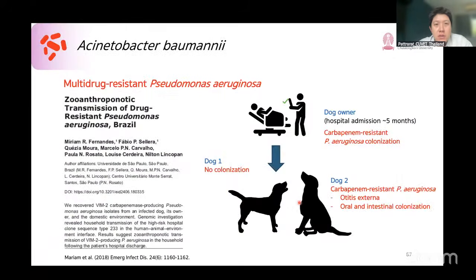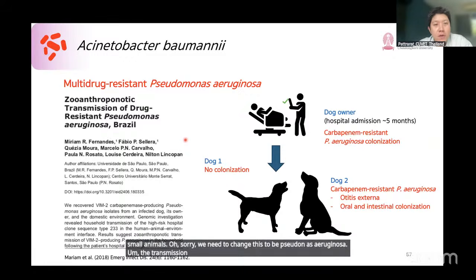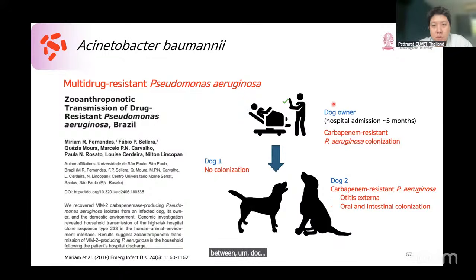Not only causing disease in small animals... Oh, sorry, we need to change this to Pseudomonas aeruginosa. The transmission of antimicrobial resistant bacteria between a dog owner and the dog in the same household was reported.